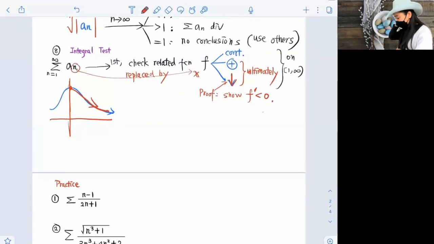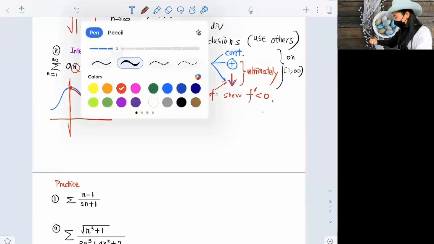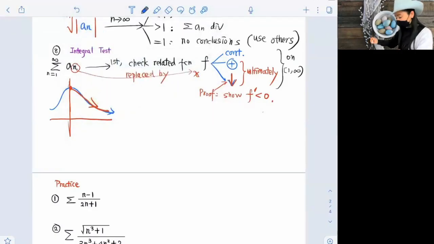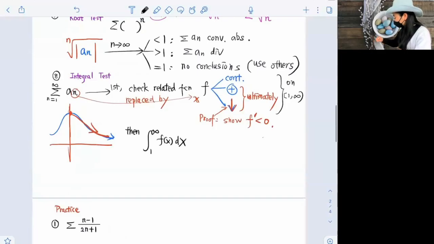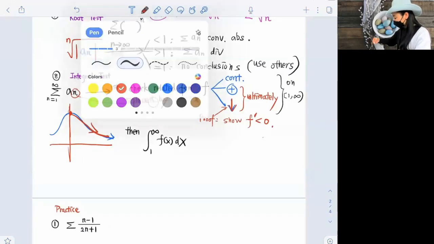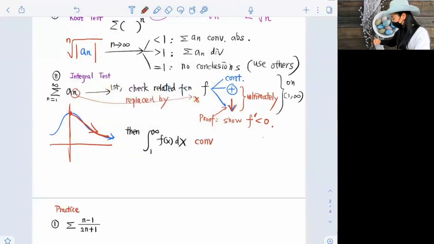Also, when you use the integral test, the integral is supposed to be not too hard to find. The integral, let's say from 1 to infinity, if this integral converges, then what can we say about the series?